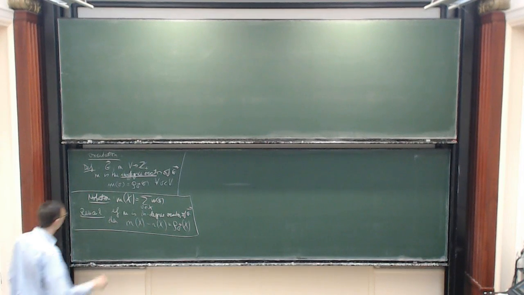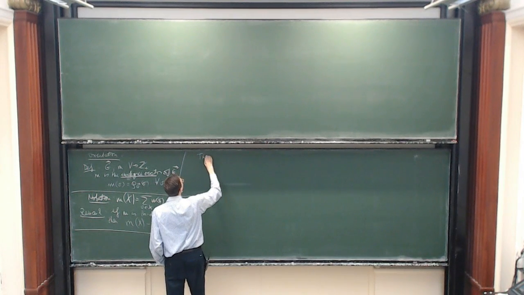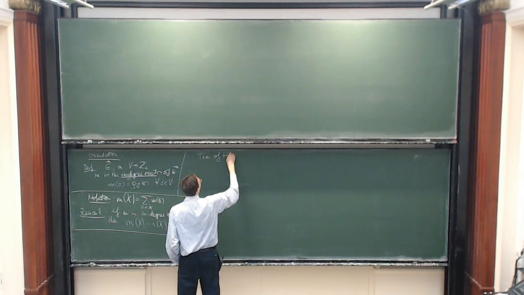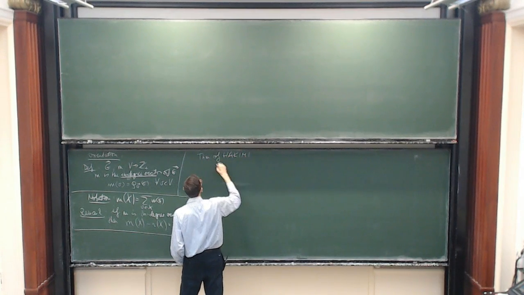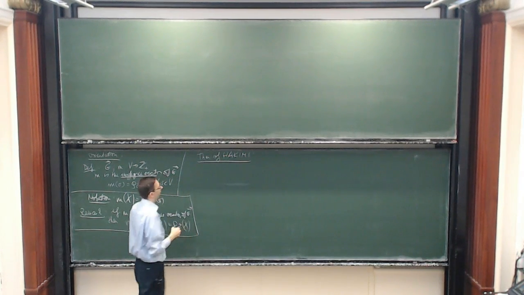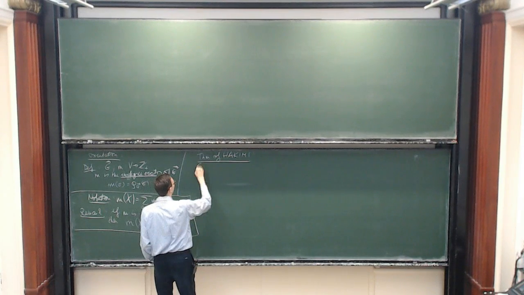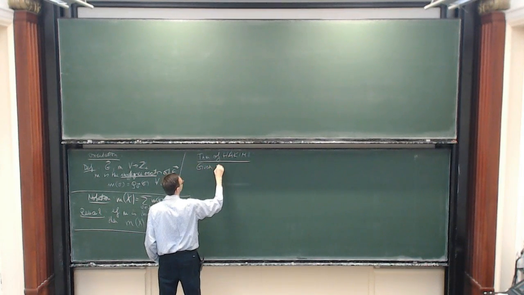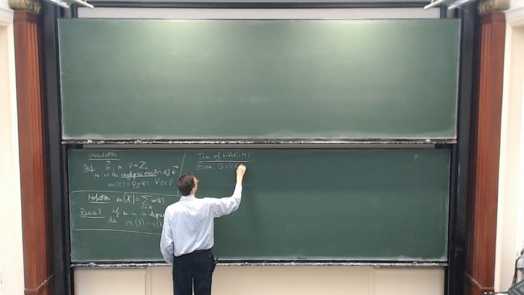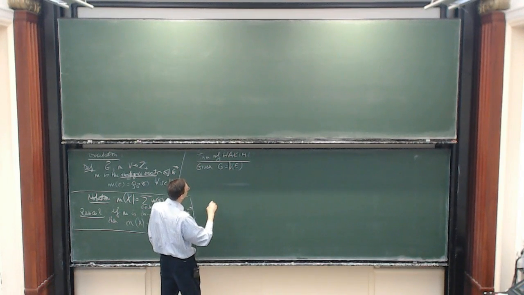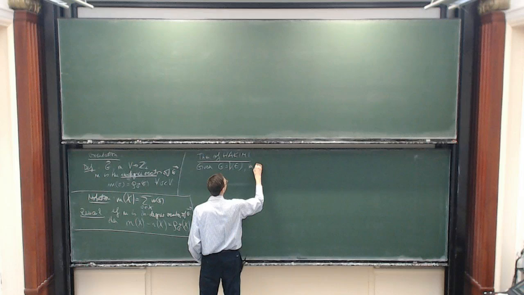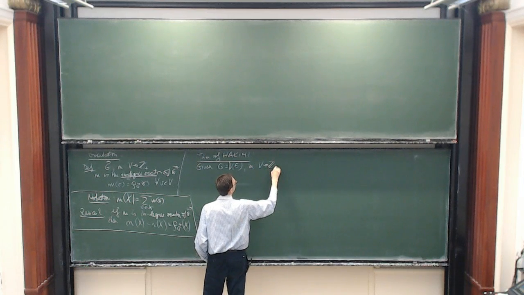This is very important. So the theorem is the following. We are given an undirected graph G equals (V, E) and a vector M, non-negative on the vertex set.